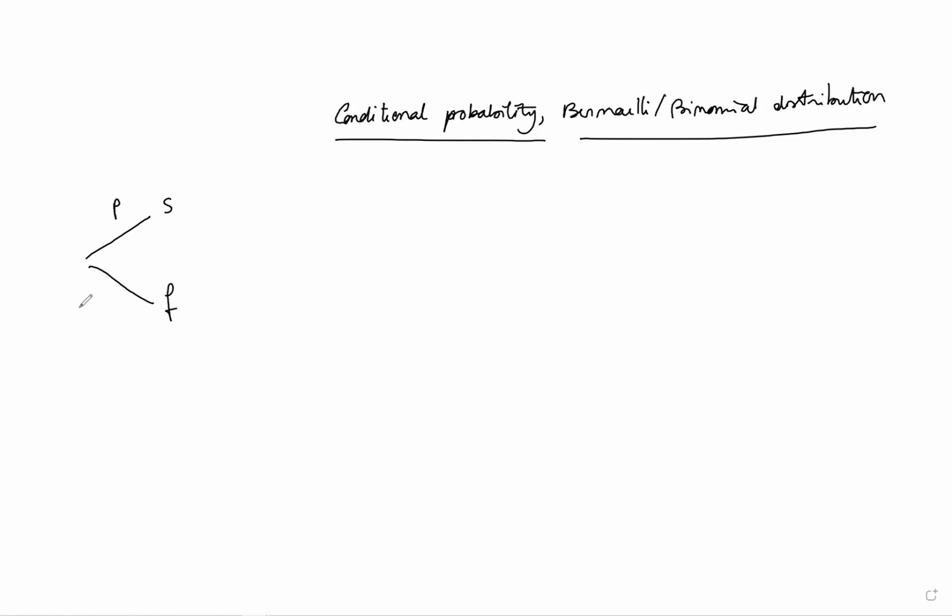And of course, we'll denote Q the probability of failure, but it will be 1 minus P because the total must be 1. And if you want, you can call it S bar because it's the opposite event of S. So if you have only two possibilities like that, it's called a Bernoulli trial.